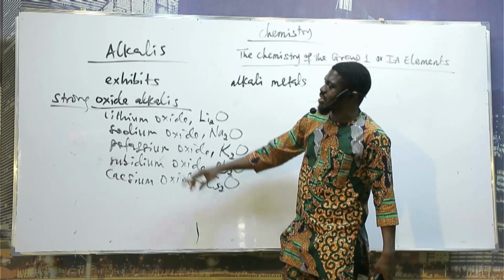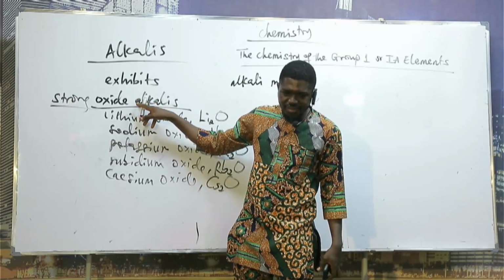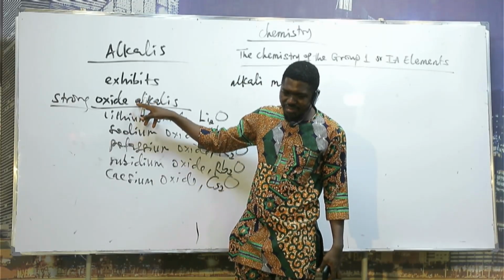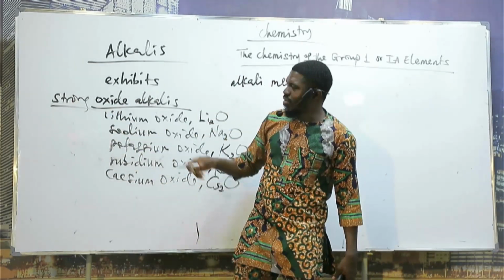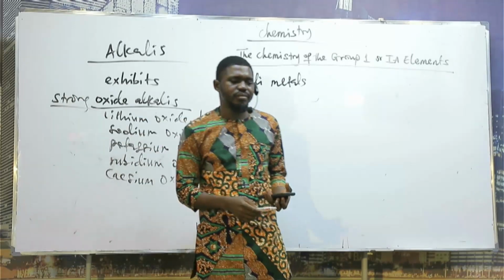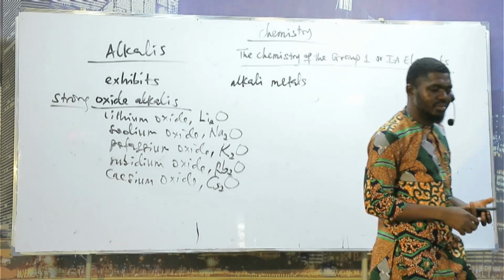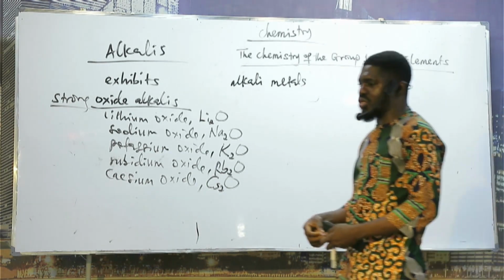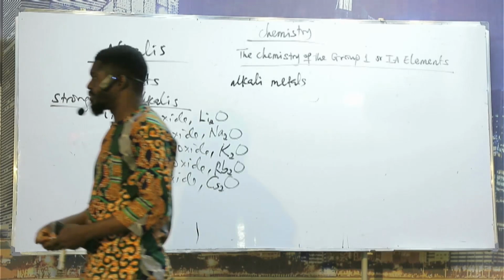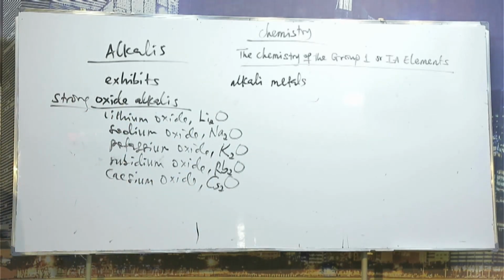All these are oxides and they are alkalis. They are strong. What does the term strong mean? That is talking about degree of dissociation in water, how they are going to ionize.